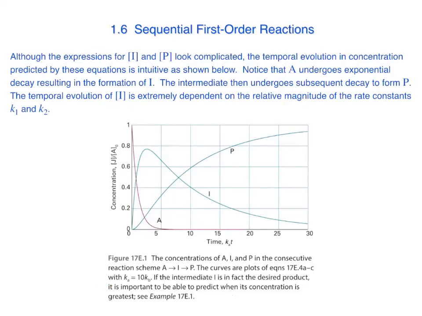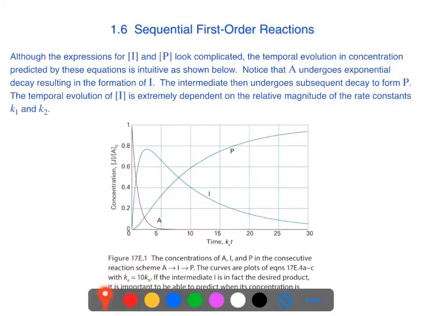And so that means there will be that initial growth of I, and that will occur quite quickly and will reach a maximum value that's significant before it starts to be transformed into product. That is, the decay of I is slower than the production of I. And so depending on the relative magnitude of K1 and K2, you will see some variation in this temporal evolution of the intermediate.